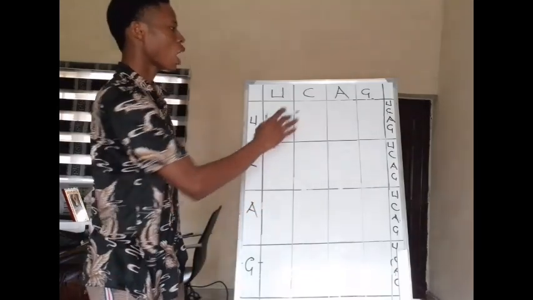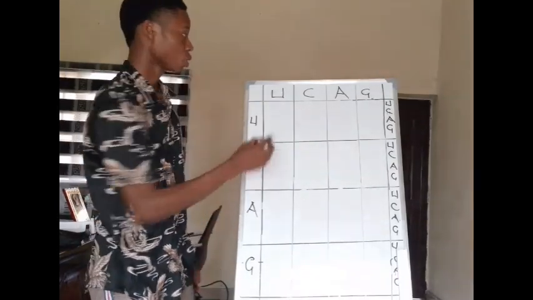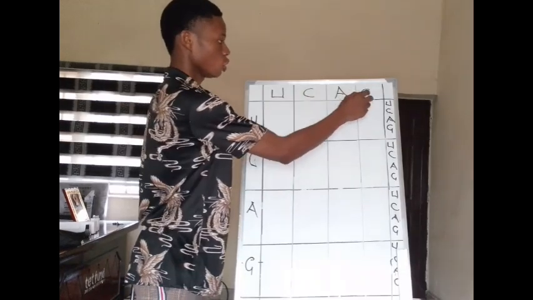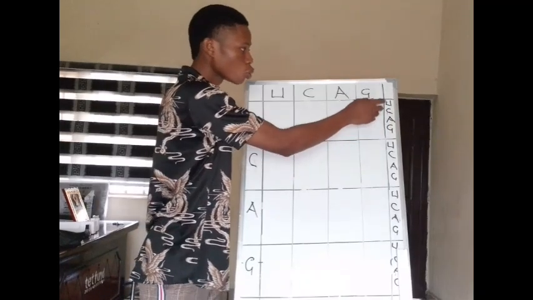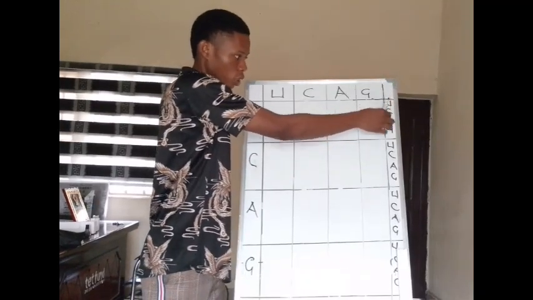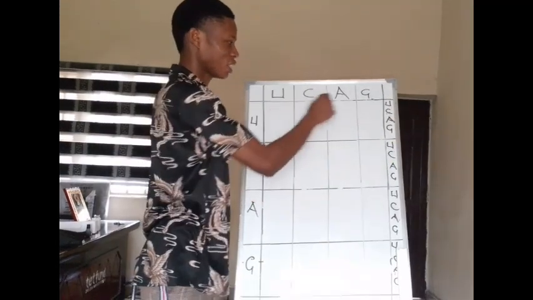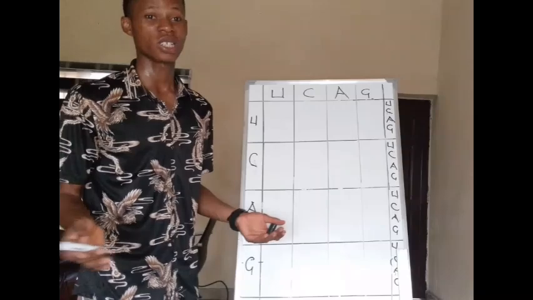Good. Now how do we form our codon with this? This is the first step. You write your UCAG here, and the same thing here. Then on the right-hand side, you take all the UCAG in one box and call it UCAG. That's a short form you can use in remembering that.